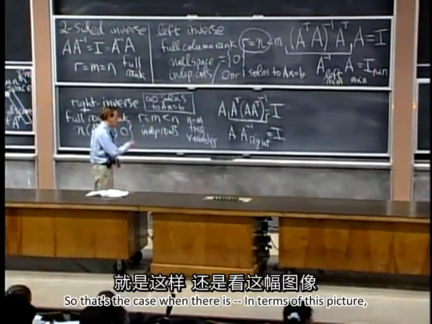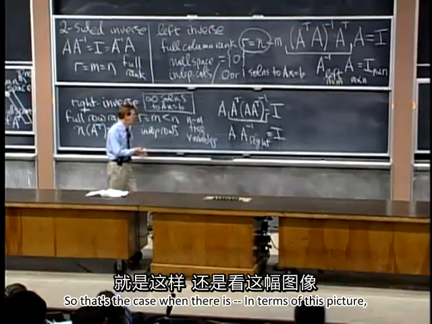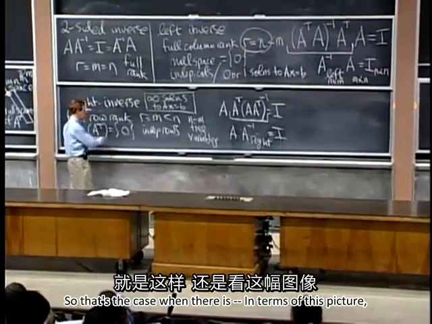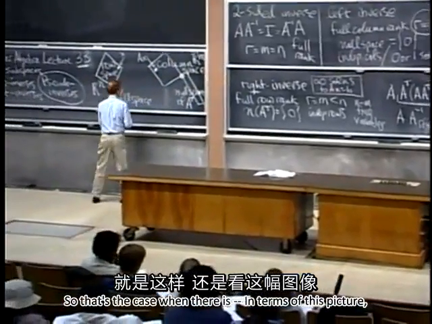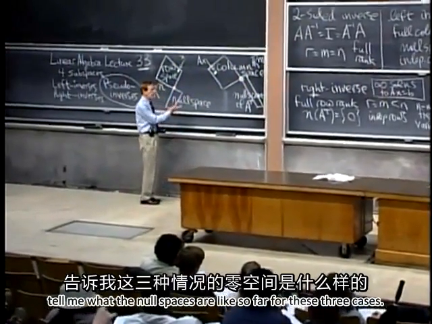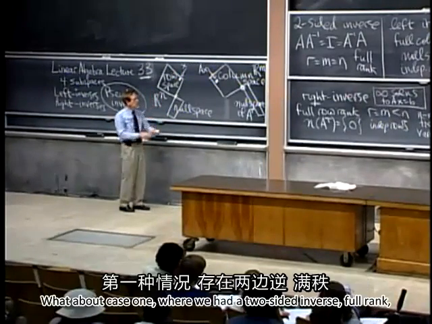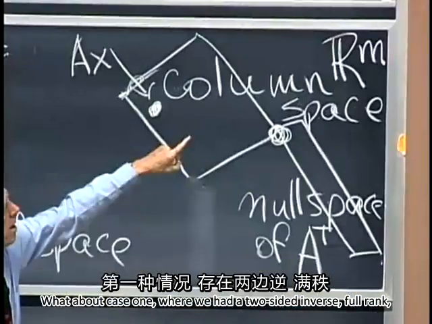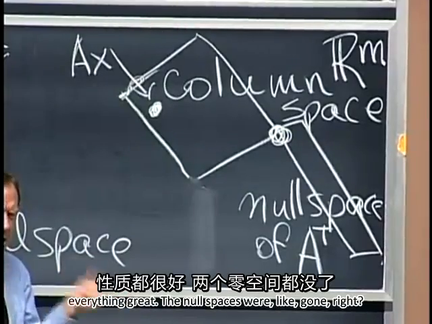So that's the case when, in terms of this picture, tell me what the null spaces are like so far for these three cases. What about case 1, where we had a two-sided inverse, full rank, everything great?